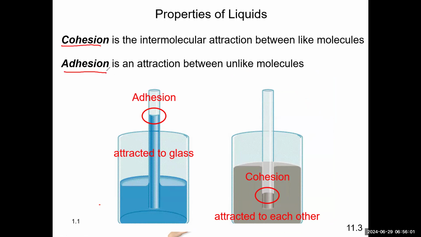Adhesion means the molecules are attracted to something else, not just themselves. Like here, there is a glass. Any idea? Glass is made up of silica. So generally glasses are polar in nature. Polar.